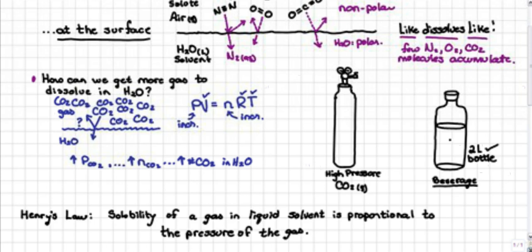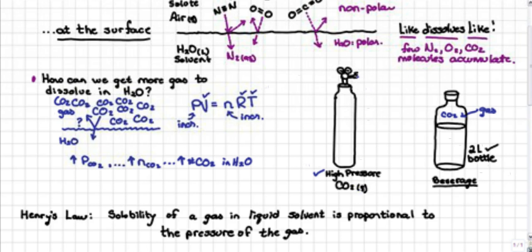How do we do that? Well, from the lesson we've just learned, we need to increase the pressure and increase the number of carbon dioxide molecules in the gas phase above the liquid. We need to make this ever more crowded. Now, the way we can do that is by using high-pressure carbon dioxide in the gas cylinder at left.